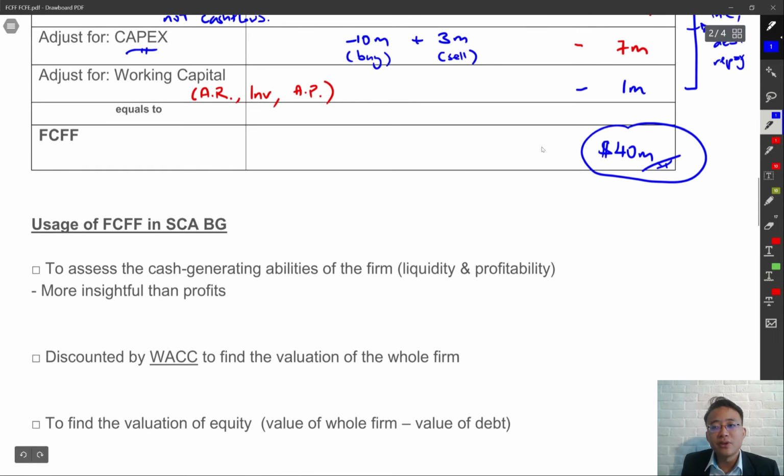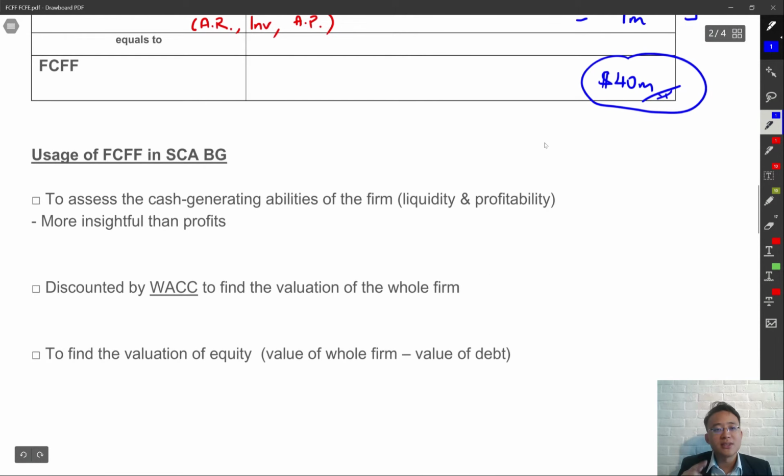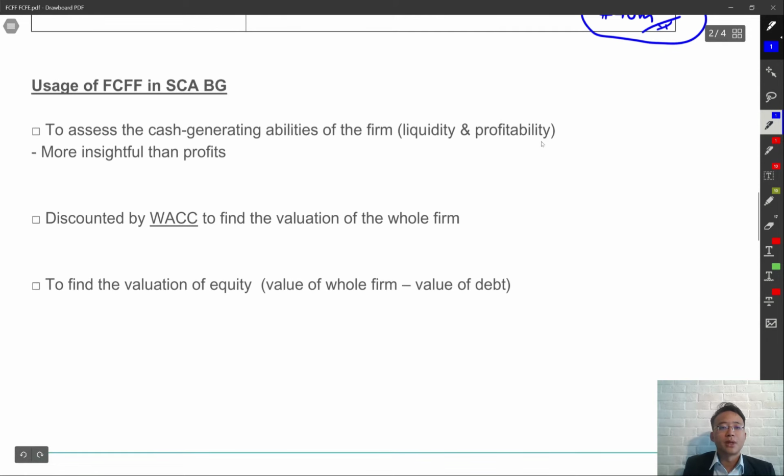When we get free cash flow to firm in our module, what is the usage of it? The usage is that it helps us to see the cash generating abilities of the firm. Is my firm able to churn out cash? Because it might look like we are profitable, but am I really generating cash?